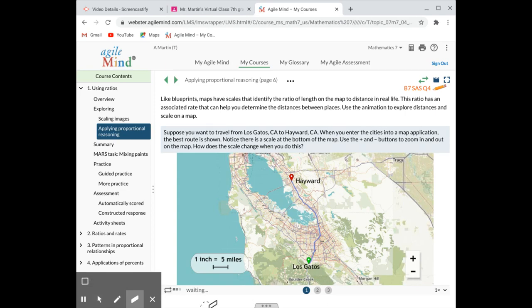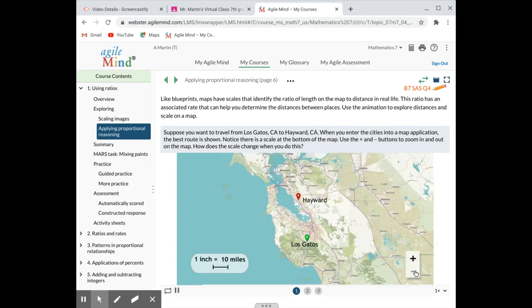All right, so look at this. If I hit the minus button or I zoom out, what happened to my scale factor? It got farther away. That's right. So now my scale factor, instead of it being 1 inch to 5 miles, it's 1 inch to 10 miles.